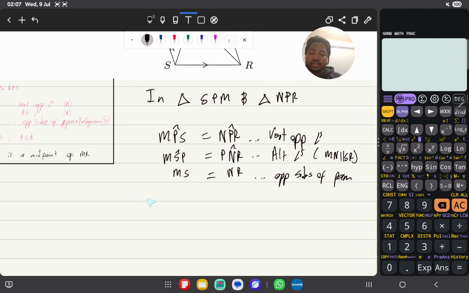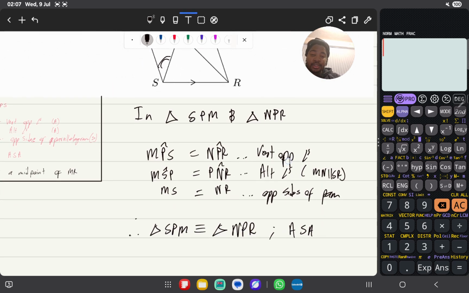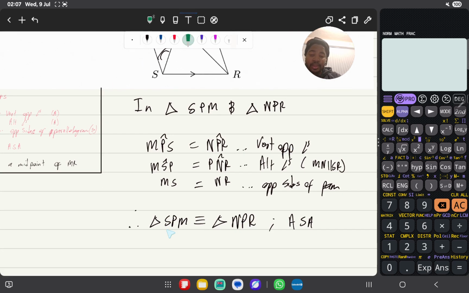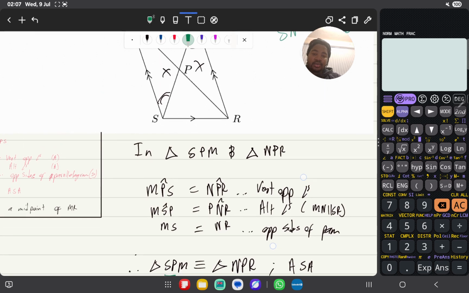And therefore the two triangles, therefore triangle SPM is congruent to triangle NPR, and the reason of course is angle side angle. And from here what you will get is that, oh okay, SP must be equal to NP. That's what we are getting.